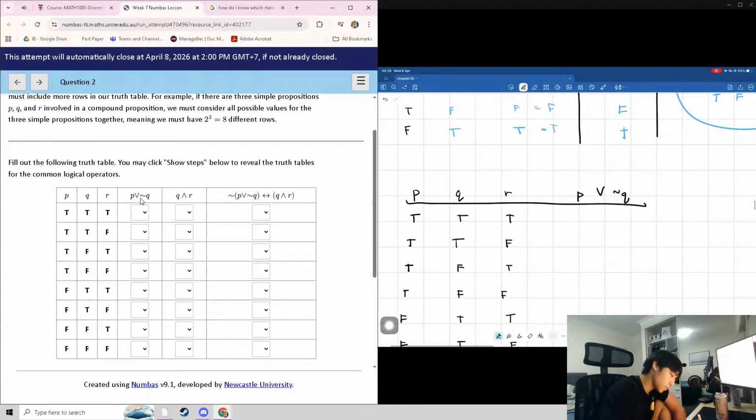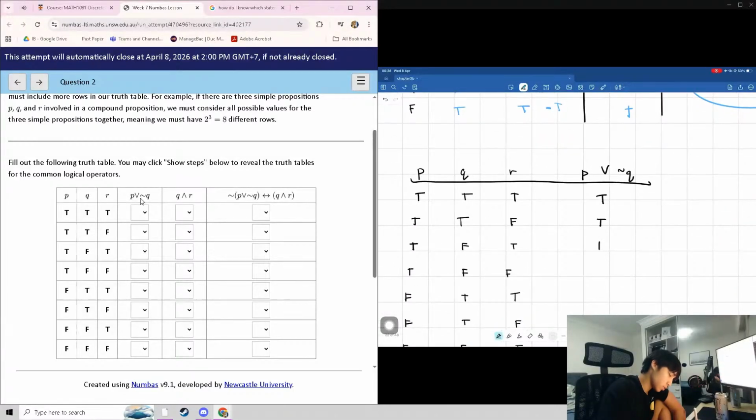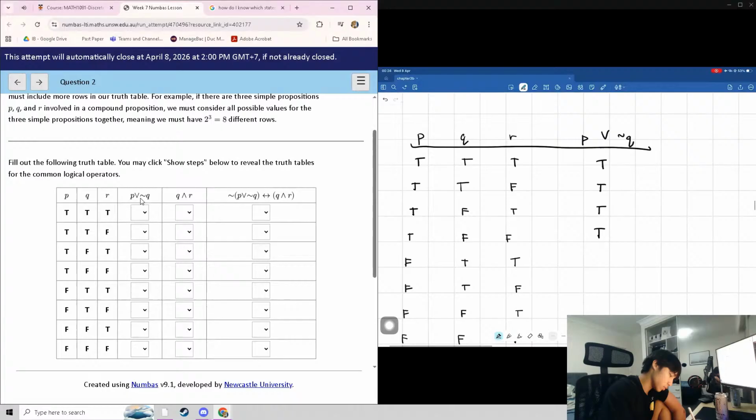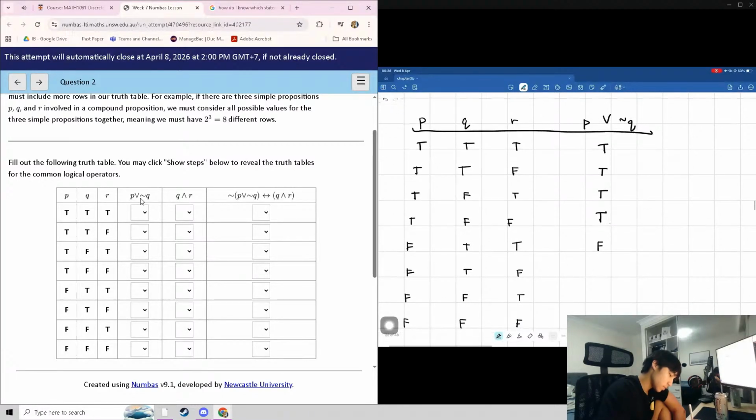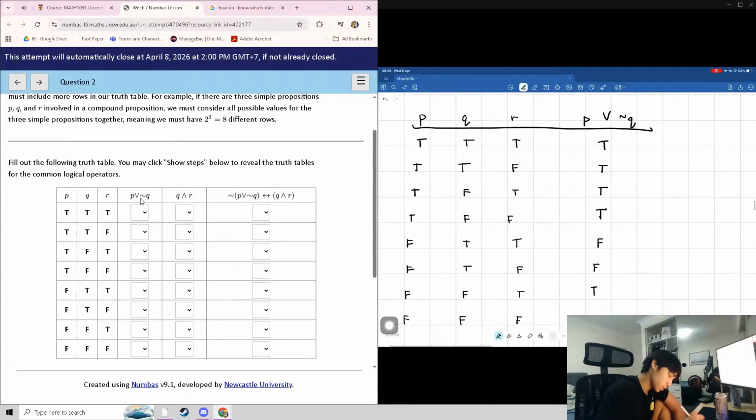Okay, P or Q is true, so this is true. P or Q is true. This is true. This is true. This is true. Not Q. Okay, P is false, or not Q is true. This is wrong. This is false. False. Once again, not Q is true. True. True.